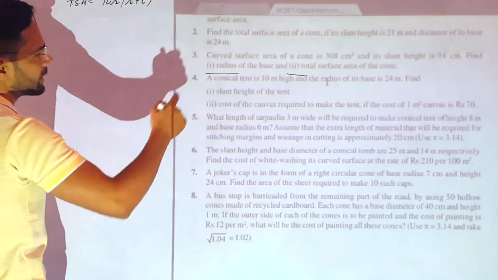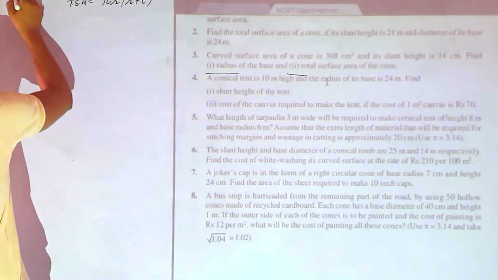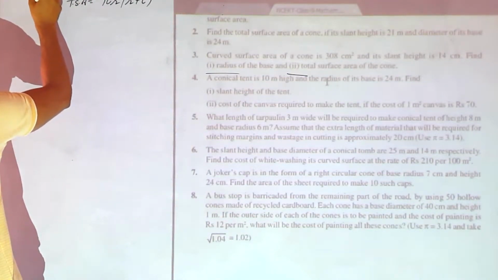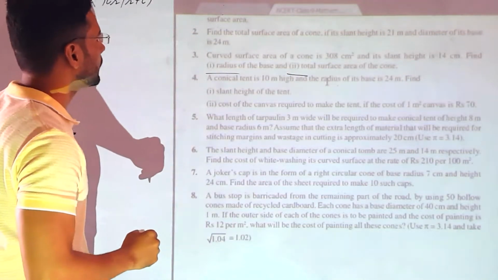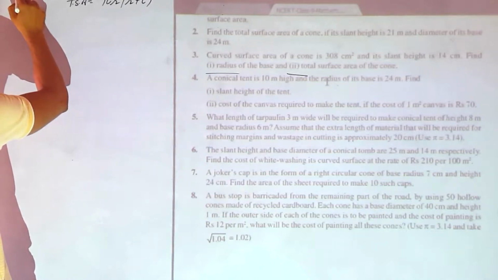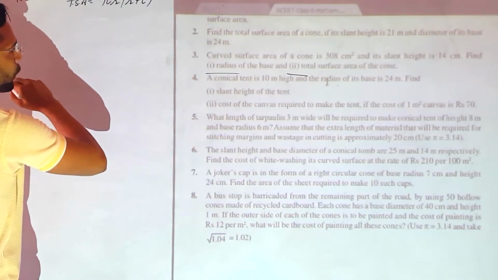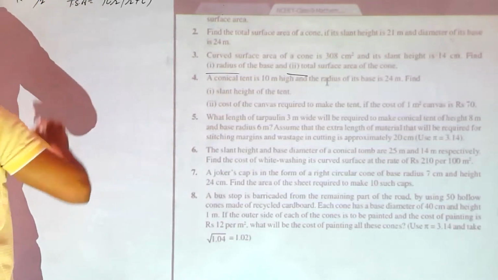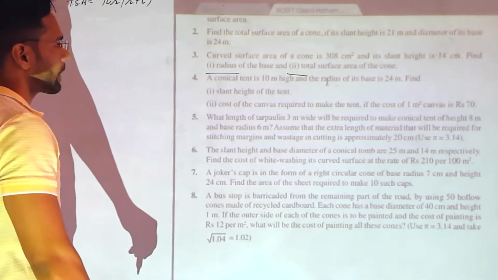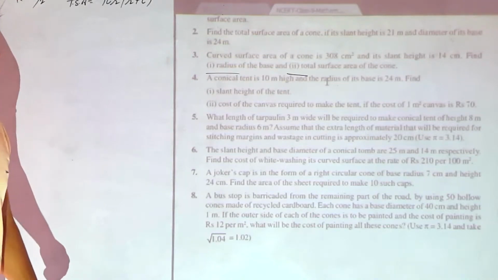L is given 21 centimeter, and the diameter of its base is given, so r is equals to 24 upon 2, 12 centimeter. Now find the total surface area.